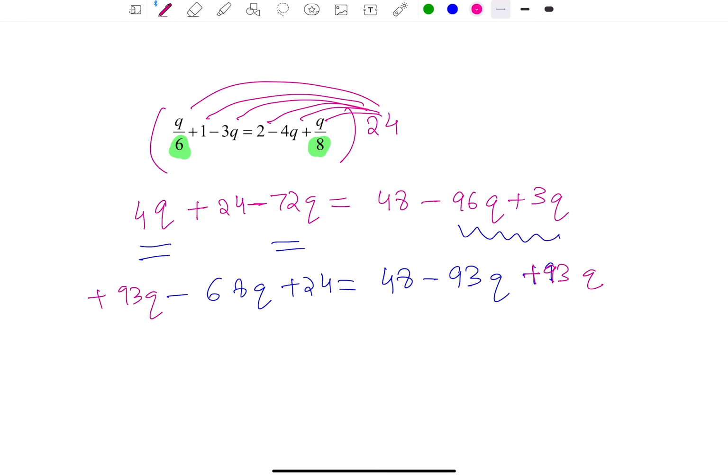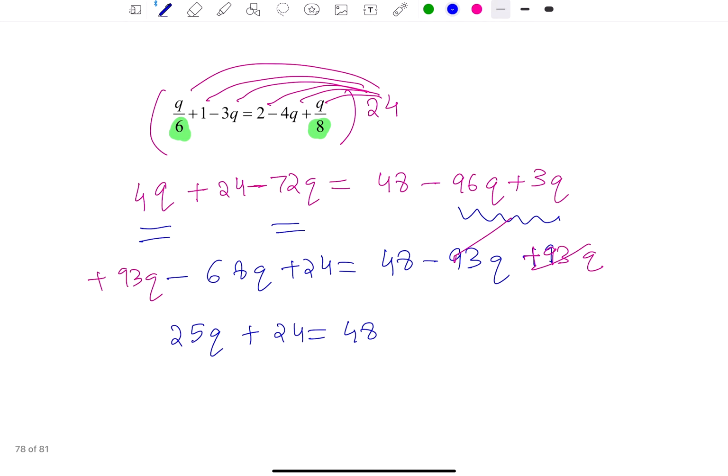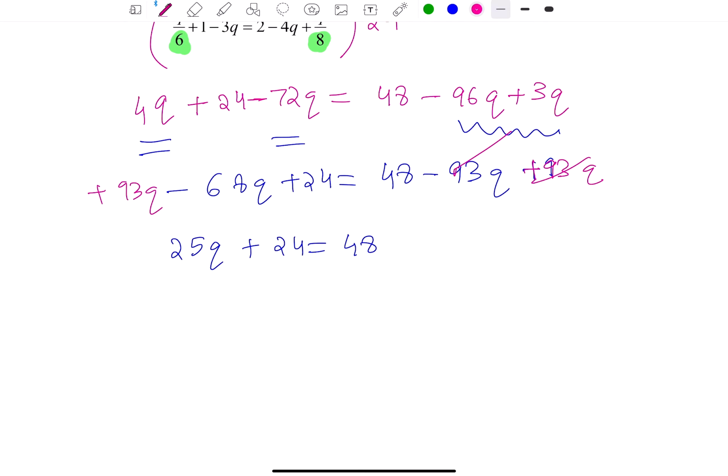Now on the right hand side, the variables are gone. On the left hand side, 93 minus 68 would be 25q, plus 24 equals 48. Time to isolate the variable. So we're going to subtract 24 from both sides.